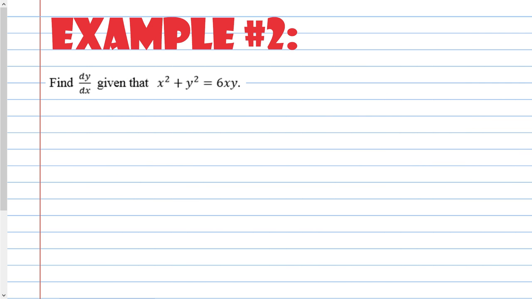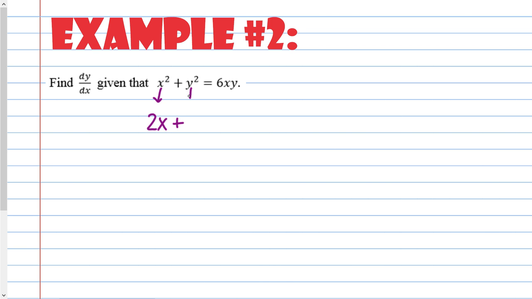Example 2, this is what it's actually going to look like. Find dy dx given that x squared plus y squared equals 6xy. If you look, I have an equal sign and x's and y's on both sides. So to begin, the derivative of x squared is 2x.